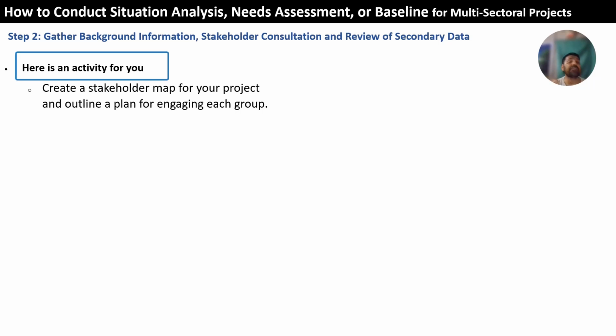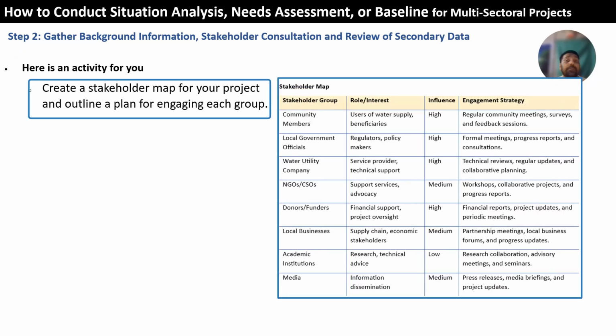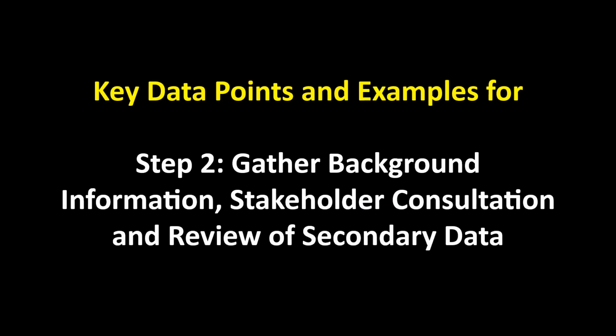Here is a brief activity for you. Create a stakeholder map for your project and outline a plan for engaging each group. This is a stakeholder mapping exercise. You will need to identify key stakeholders for your project and how you would engage them. Do share in the comments with us.